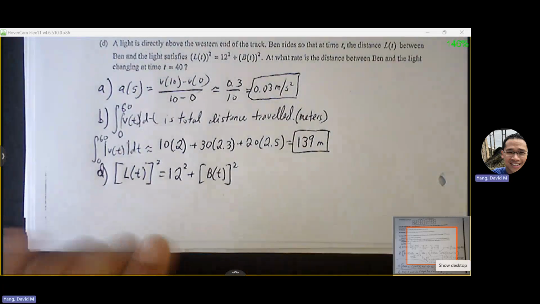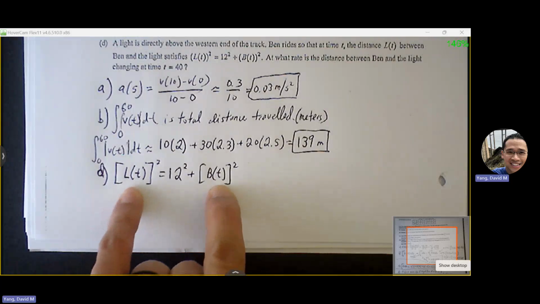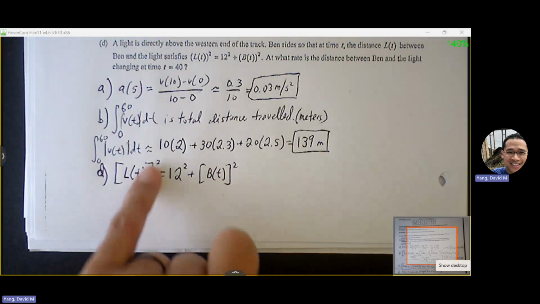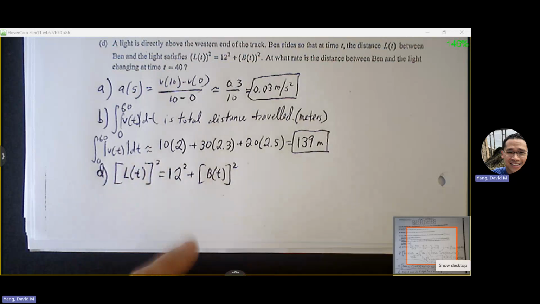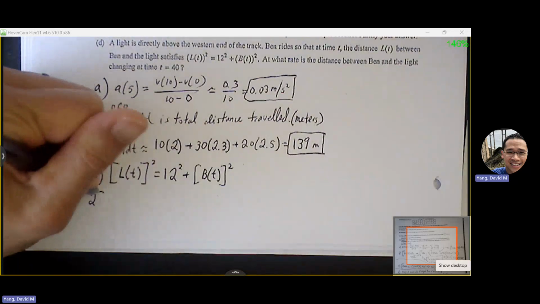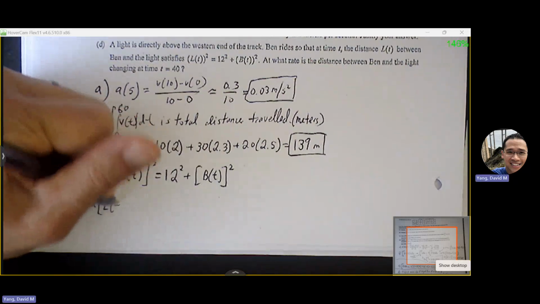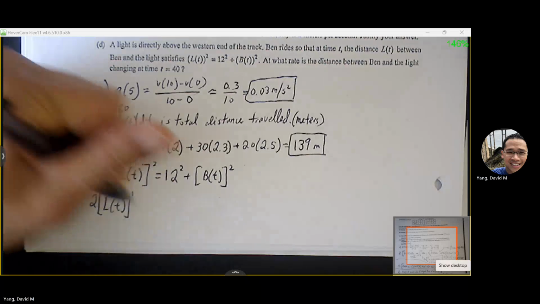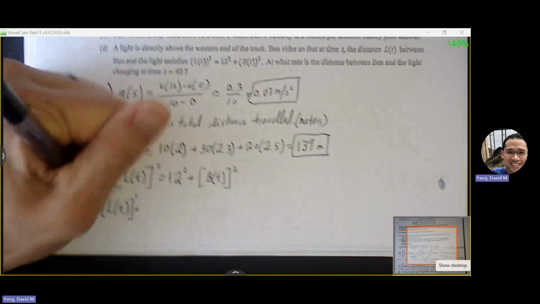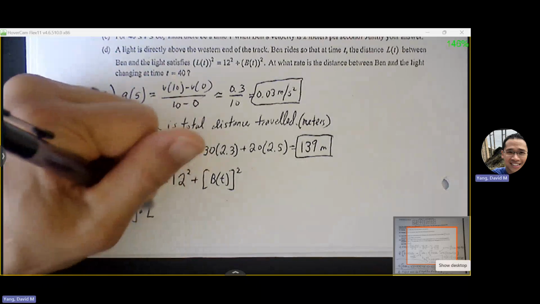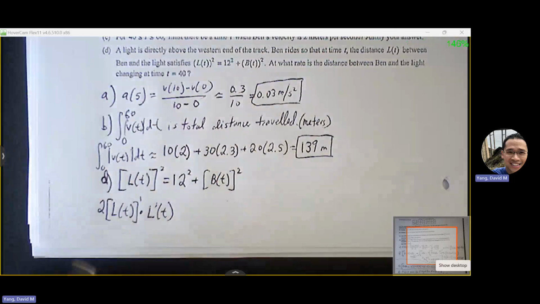So there's an outside, inside derivative we got to go through. So outside's derivative is that bracket squared, so we get 2 bracket to the first power times inside's derivative. That becomes L prime of t, right?